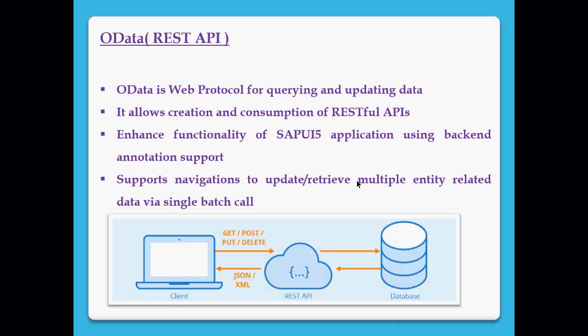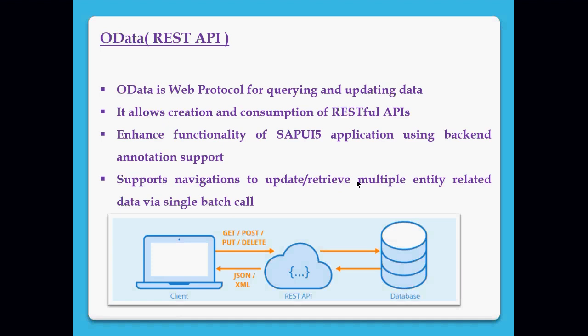But what if, whenever I open a purchase order screen, I want to have all the header data as well as all the line items as well as all the schedule line data, all to be bound? So it contains multiple lines or multiple entity level information, right?